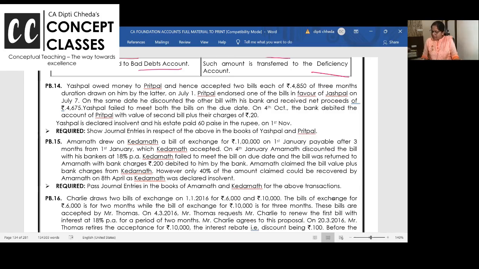On July 1, Pritpal endorsed one of the bills in favor of Jaspal. Yashpal owed means he has to pay. Pritpal is the drawer and Pritpal has endorsed to Jaspal.